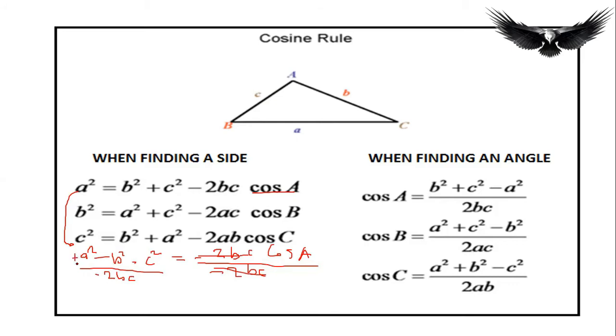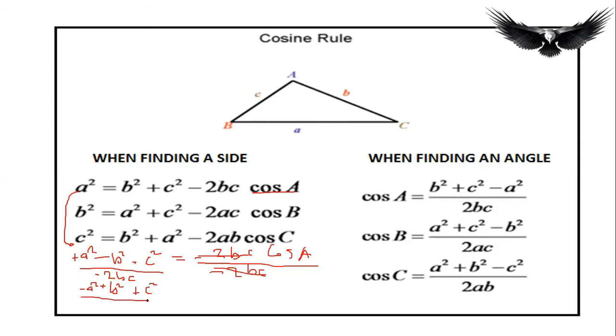So positive divided by negative, it will give us what? Negative. So this one is going to be minus a squared. Then this negative and this negative give us positive, so it becomes plus b squared. Then also plus c squared.